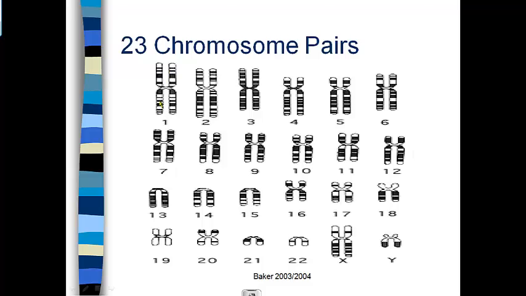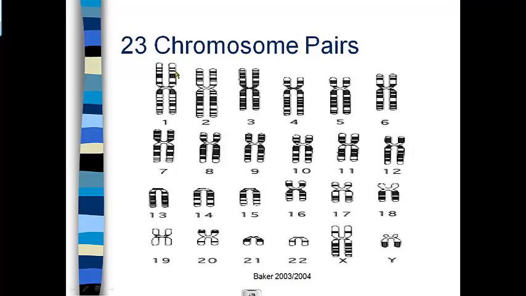Eye color down here, we said these were the genes for the trait of eye color. Your father may be passing you a blue eye colored allele. Your mother may be passing you a brown eye colored allele. And those two alleles will work together to determine what your eye color will be. And that would be just this pair of chromosomes. And there's actually thousands of genes on here for different traits.